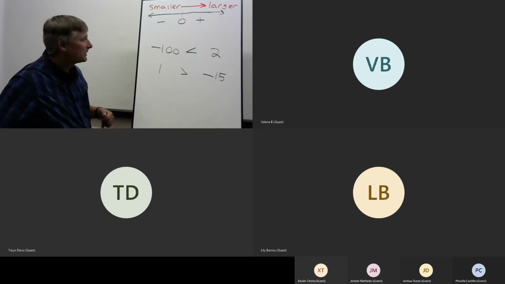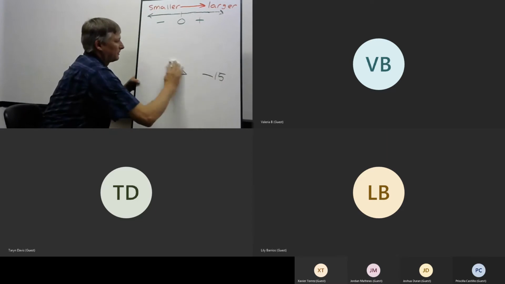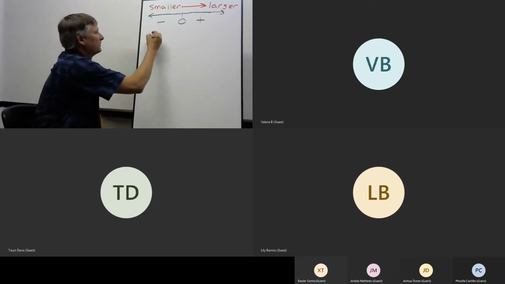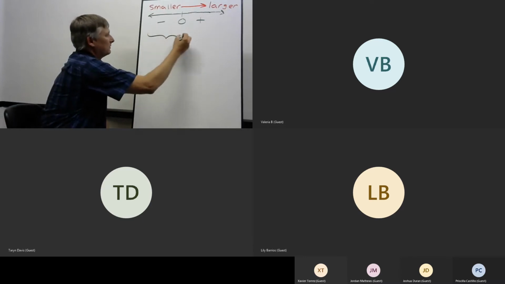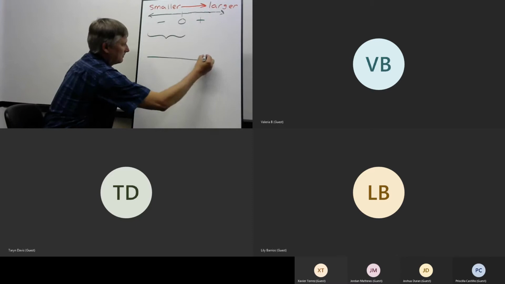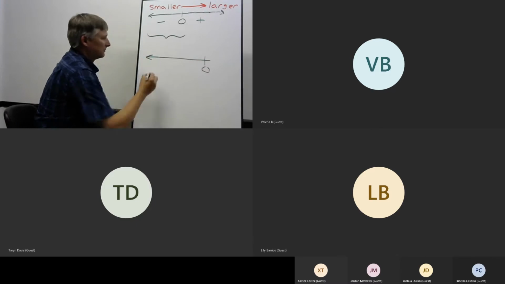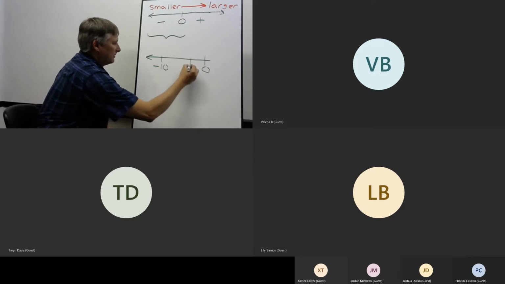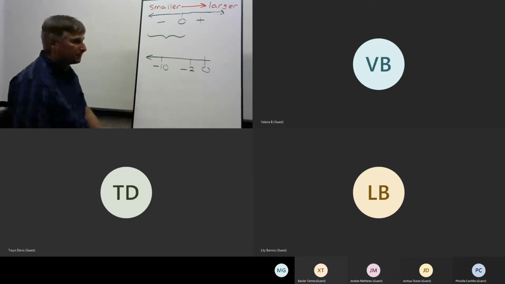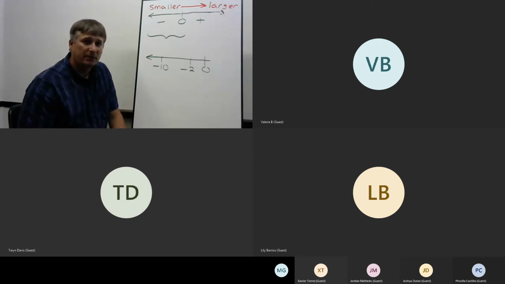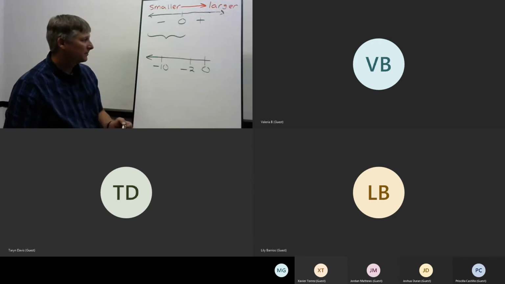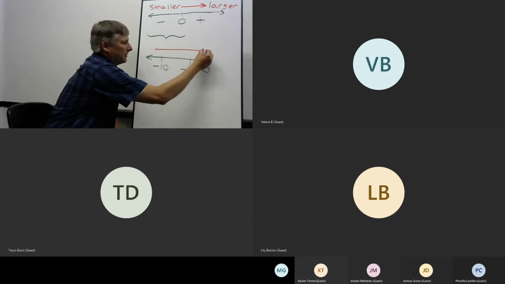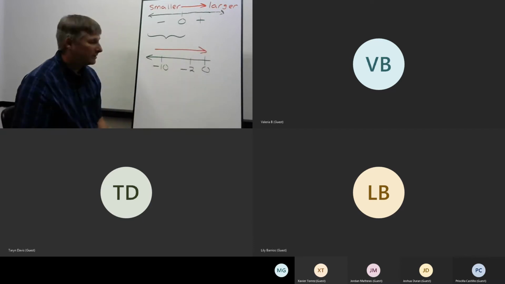Another thing to keep an eye on can be a little confusing. Let's take a look at this part of the number line where the negatives are. Let's say we have negative 10, negative 2. Well, which is going to be bigger, negative 10 or negative 2? Well, remember, on the number line, we go smallest from the left to the largest on the right.